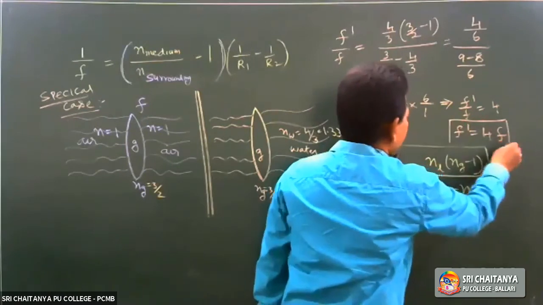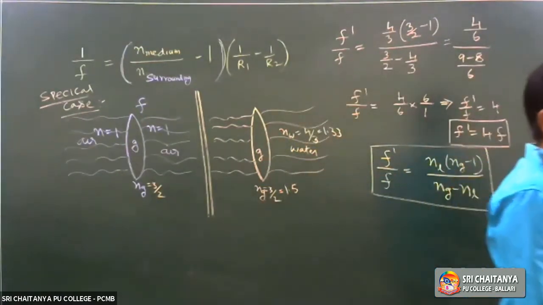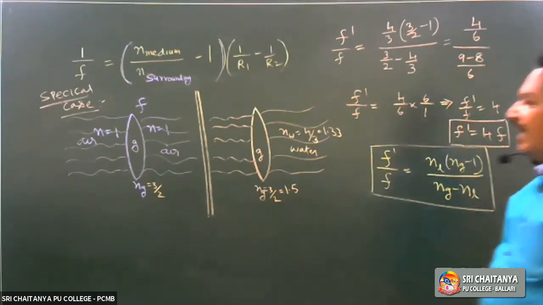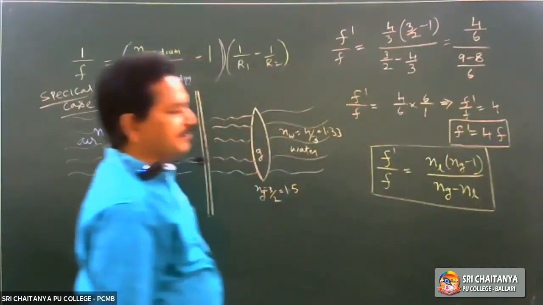Standard result, no need to do it every time. If the refractive index of the glass is 3 by 2 and it is dipped inside water of refractive index 4 by 3, the focal length increases by 4 times.